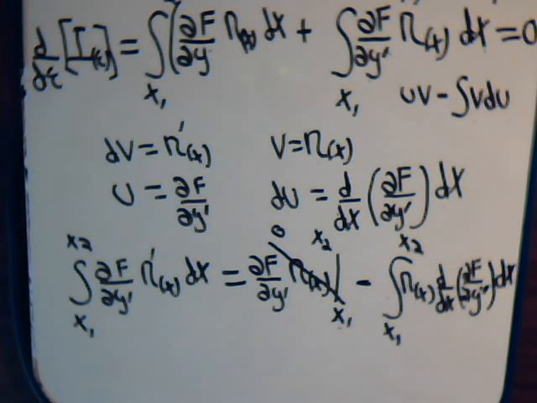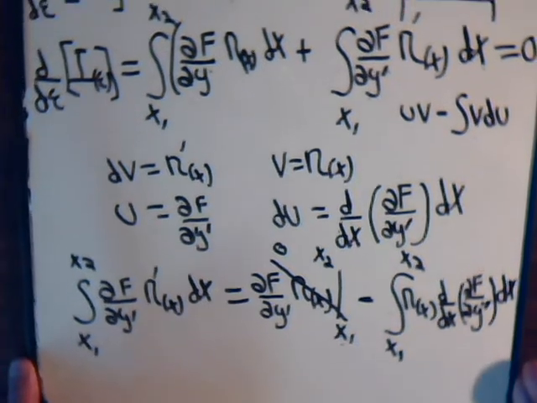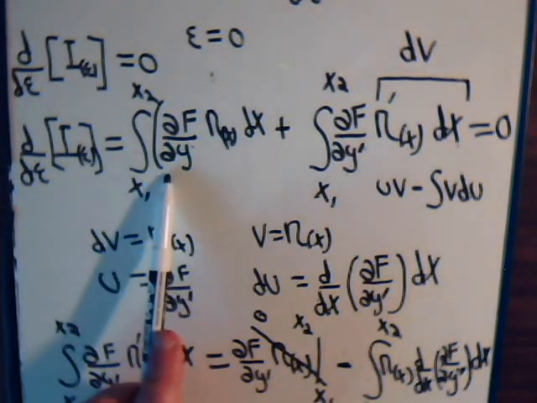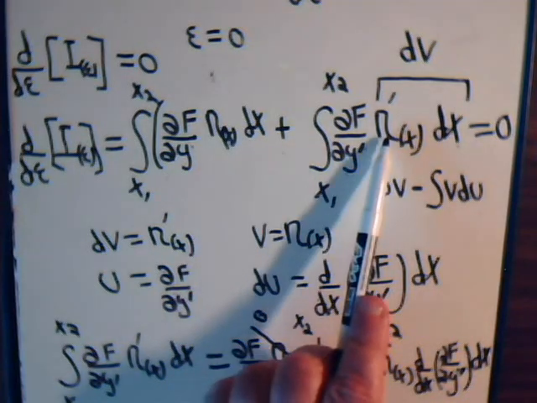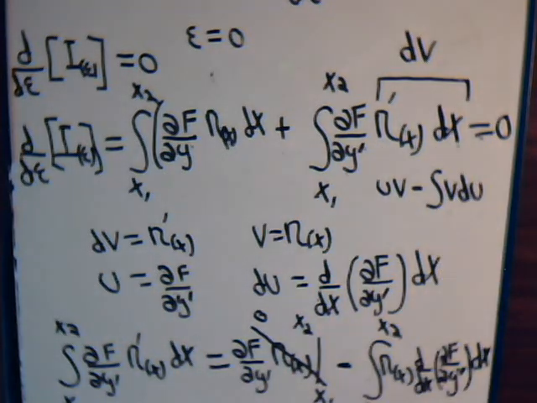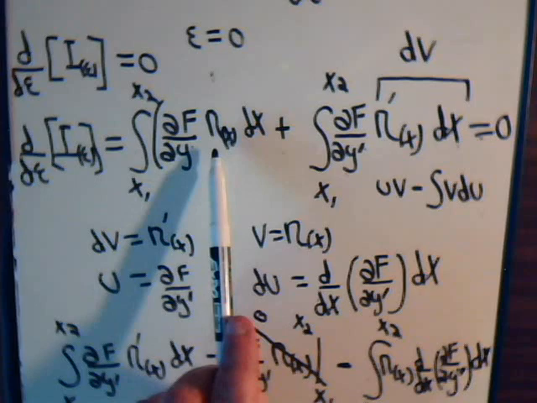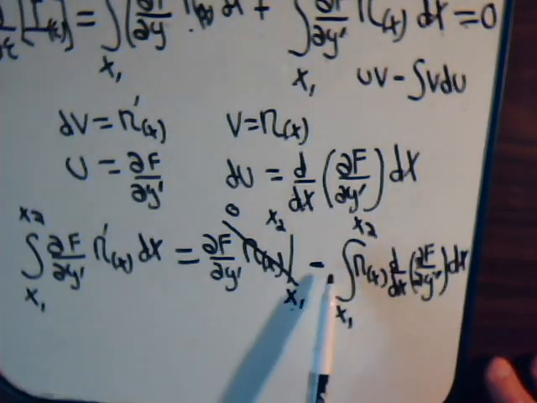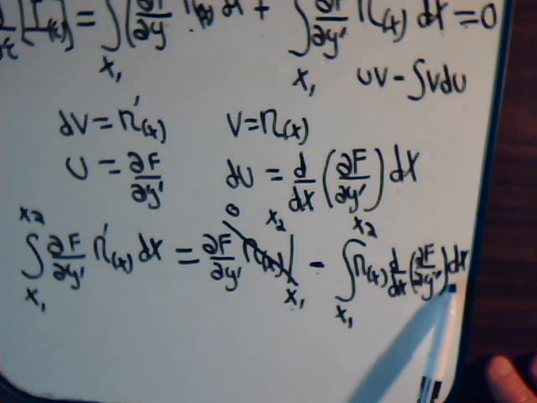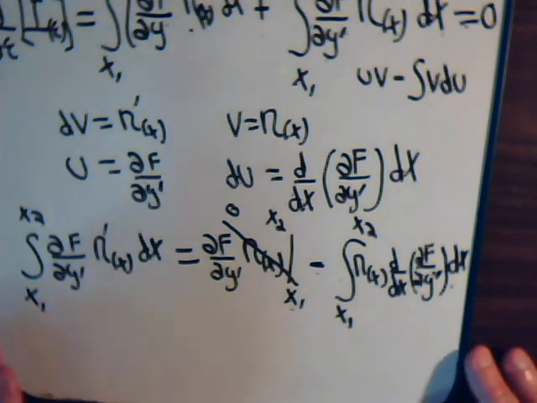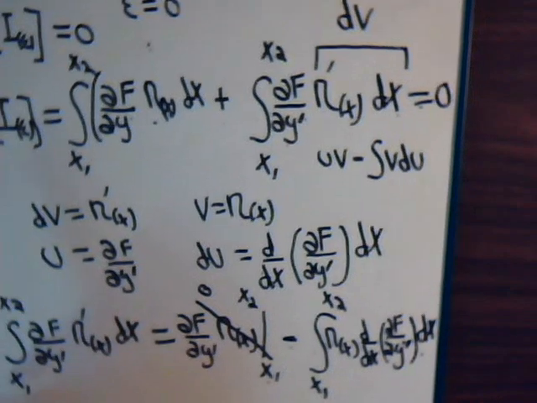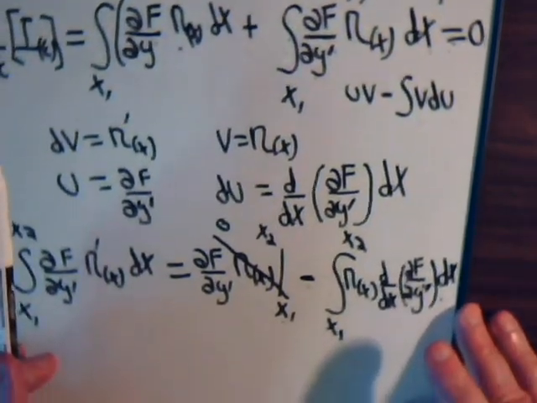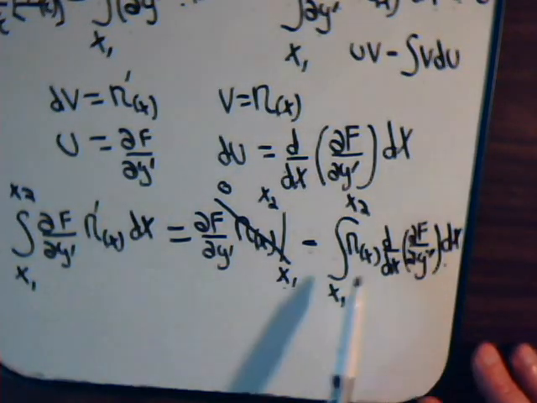So what we're going to have then is, let's go up just a few more steps. Remember we had this integral plus this one equals 0. Well, now what we're going to have is this integral minus this integral equals 0, because this integral we treated by integrating by parts, and this is what we got for it.